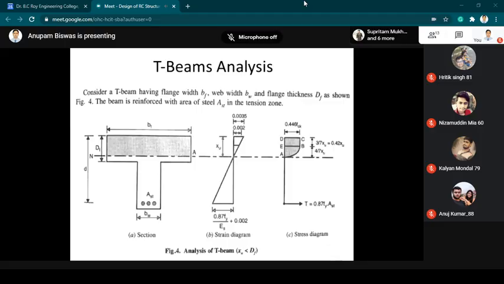So one thing to keep in mind: when you are drawing the strain diagram, the triangle, the depth is up to the centroid of steel Ast. So better you draw a dashed line running horizontally from your Ast, and only up to that you draw your strain diagram and stress diagram. Okay, so that is to be kept in mind.